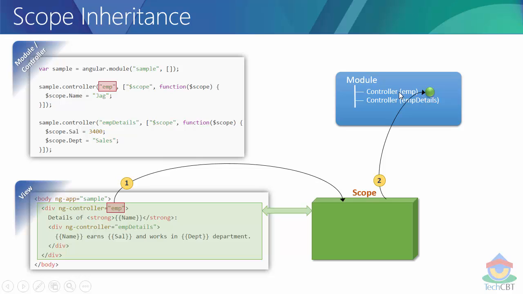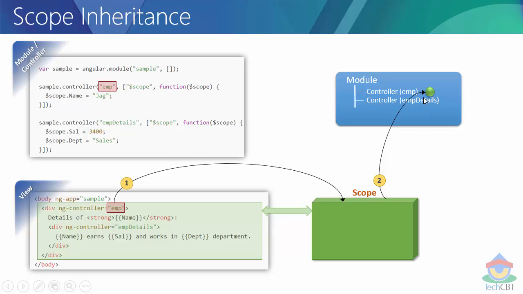So now we have a new controller called EMP, because you are referring to EMP here, and an instance of that controller EMP is created, and that particular instance internally will have the same scope object that is associated with the same block. So this is the controller instance, and the controller instance has a direct association with the same scope object to which this particular block is bound.